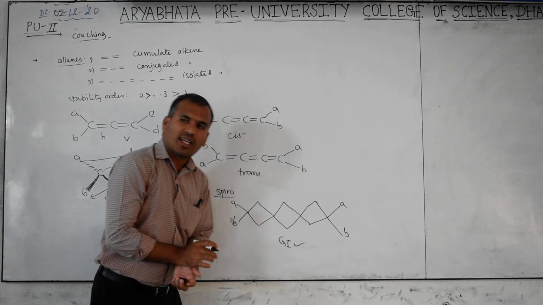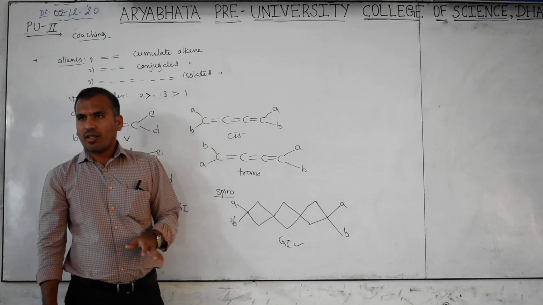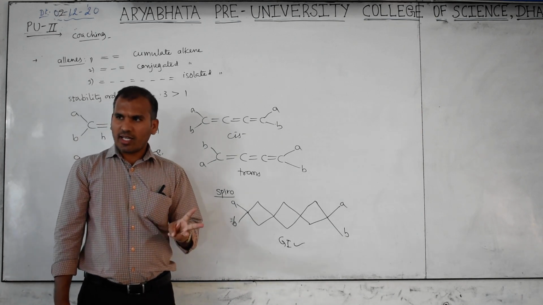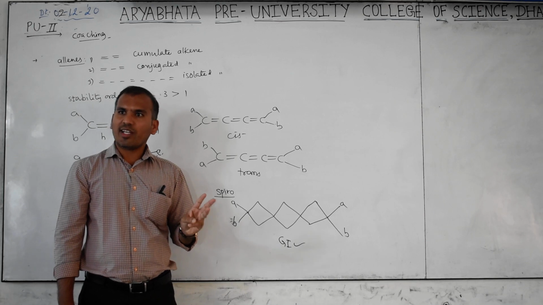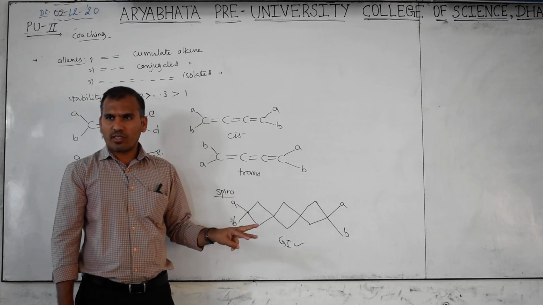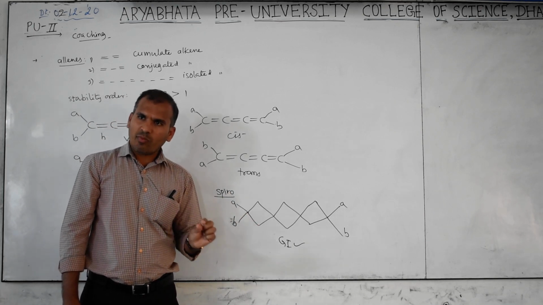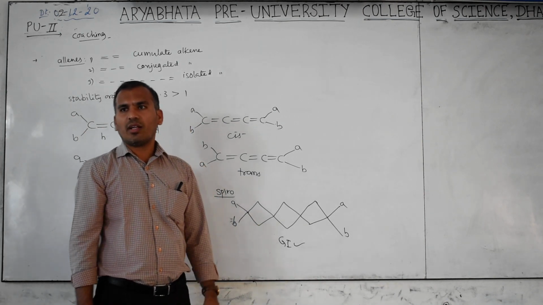Then what can we say as a general statement? Spiro compounds with 3 rings or an odd number of rings can show geometrical isomerism. Spiro compounds with an even number of rings do not show geometrical isomerism.